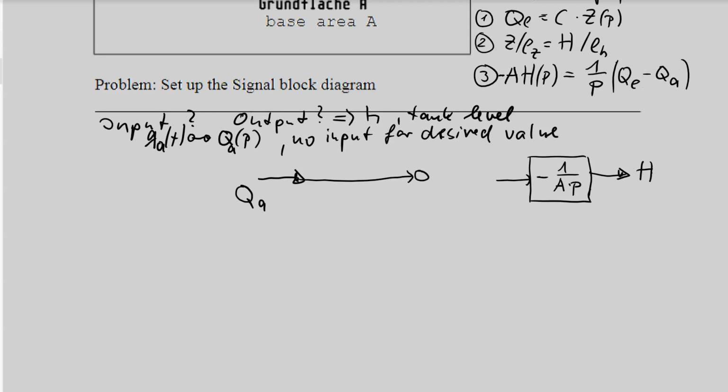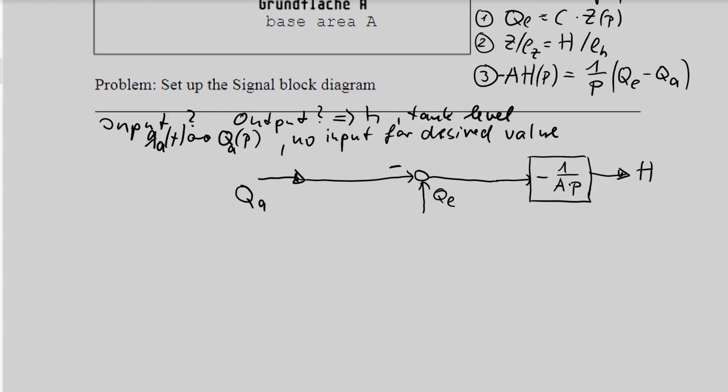QA is negative, so I have to add a negative sign. Output is connected to my input. And the second input here is the QE value, QE.